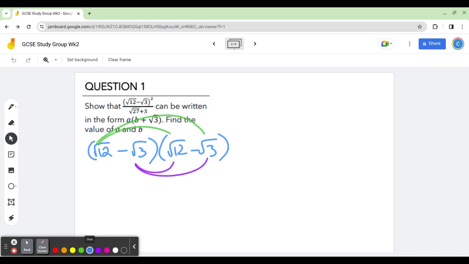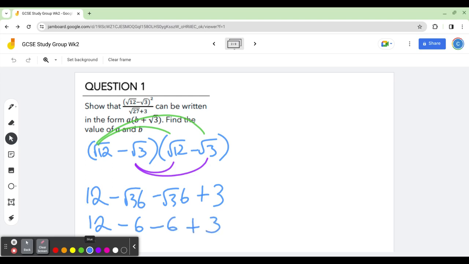I get root 12 times root 12 is 12, and root 3 times root 12 gives me negative root 36, which happens again, and then I also get plus 3. Simplifying that, I end up with 12 minus 6 minus 6 plus 3, which gives me a number 3 as our numerator.